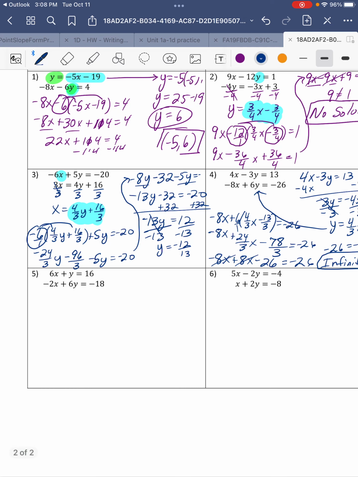All right, number 5. This one, I would probably get this y right here by itself. That'd probably be my first. It does not actually matter. You can get any variable you want by itself, and it'll come up with the exact same solution. I'm going to substitute what y equals into the second equation, replacing the y.